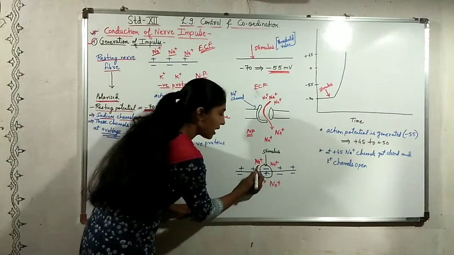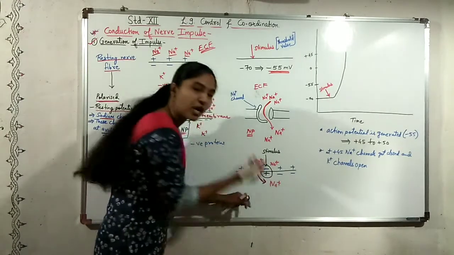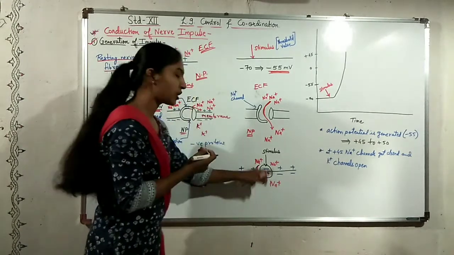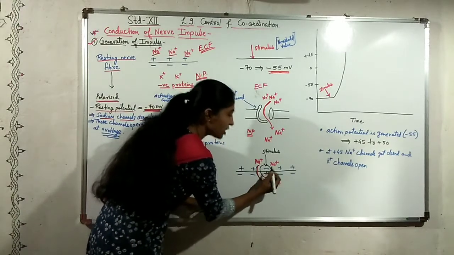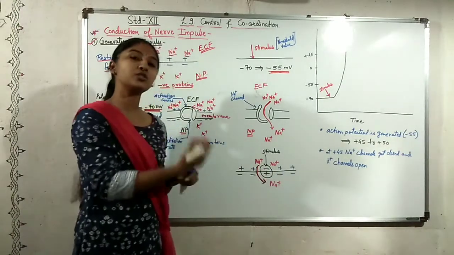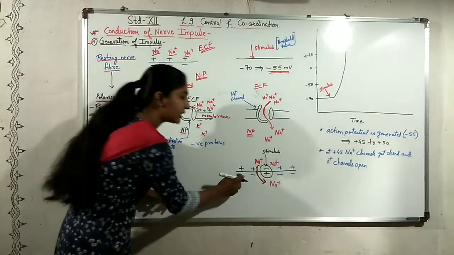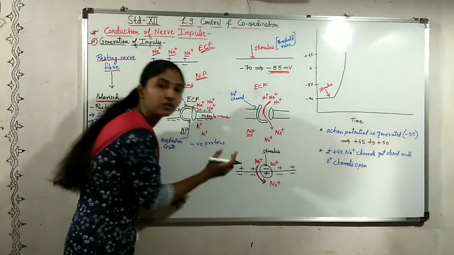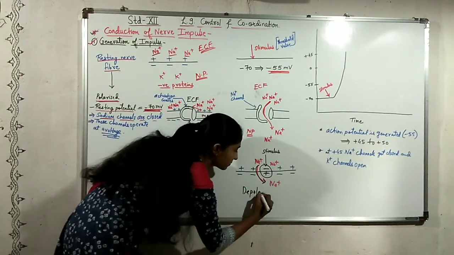Because of the sodium ions moving in, the negative charge which was inside the membrane changed into positive charge, and the positive charge outside the membrane changed into negative charge. At this state, we say that the nerve membrane or the neurilemma is depolarized.